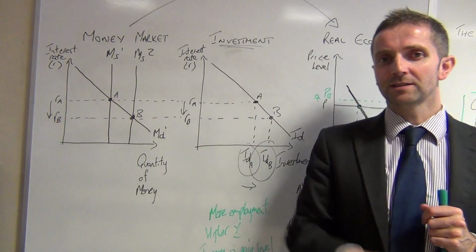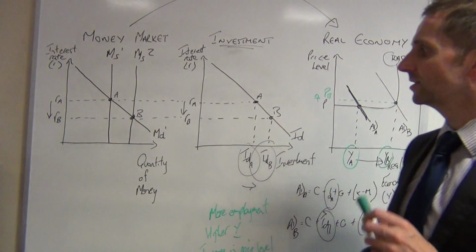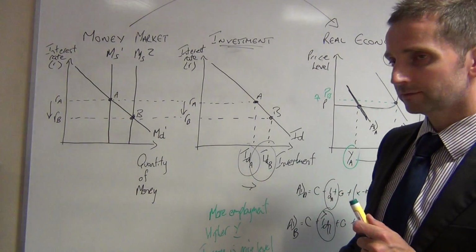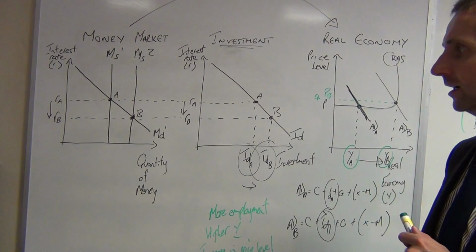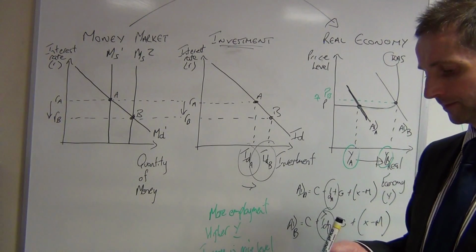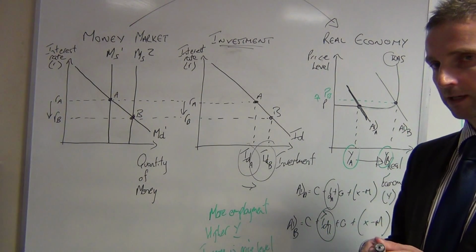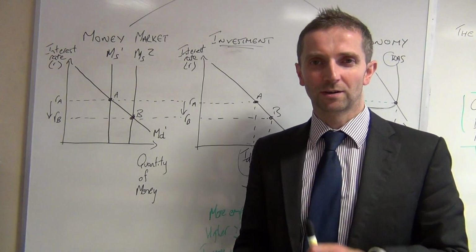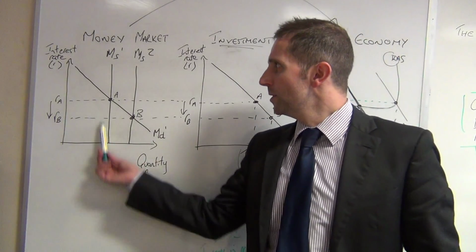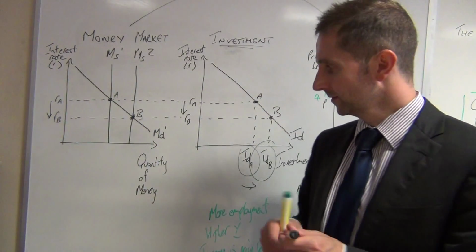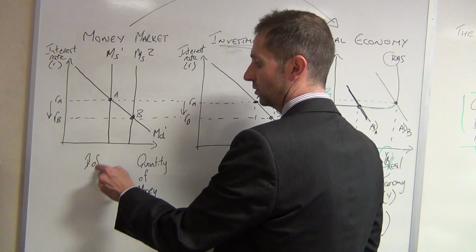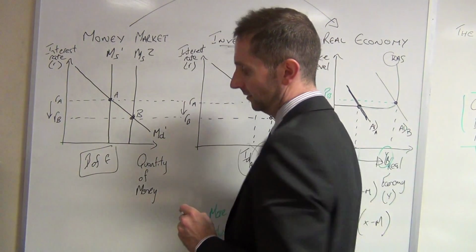The money market diagram is slightly more complex, and I want to have a little bit of a look at that one. So first things first. Let's get the easy parts of this out of the way first of all. The money supply, as you will know, is controlled, certainly in the case of the UK, by the B of E, the Bank of England.